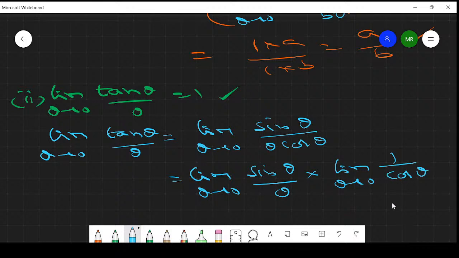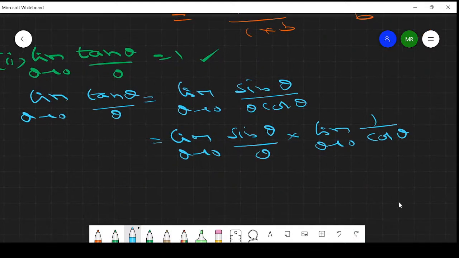From the previous result, we know this value is 1. I get this limit is 1 into, applying the limit, 1 by cos 0. In the place of theta, apply the limit, cos 0. We know cos 0 is 1. So 1 into 1 by 1, the answer is 1.